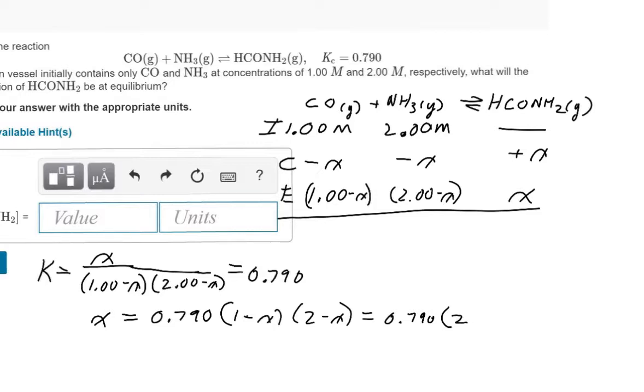Two minus 3x plus x squared gives me x equals 0.790 times 2. I'm distributing my 0.79, just so you know.